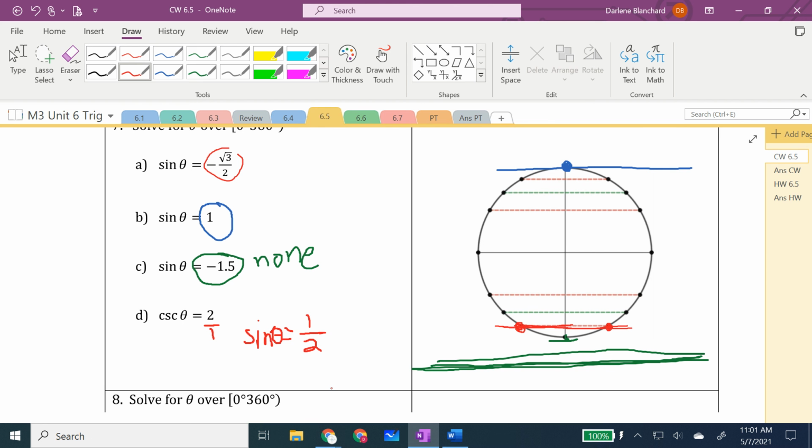So realize that if you have cosecant or secant or cotangent, you can reciprocate them and just solve them by only going through sine, cosine, or tangent. And that saves half of your time. Sine is equal to 1/2 when I am at the first position above 0, and that takes me to my 30-degree angle and my 150-degree angle.